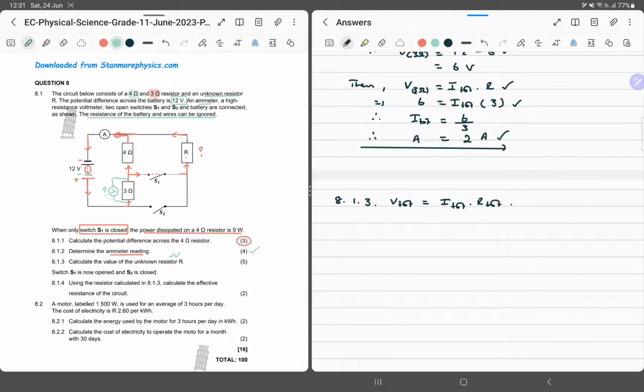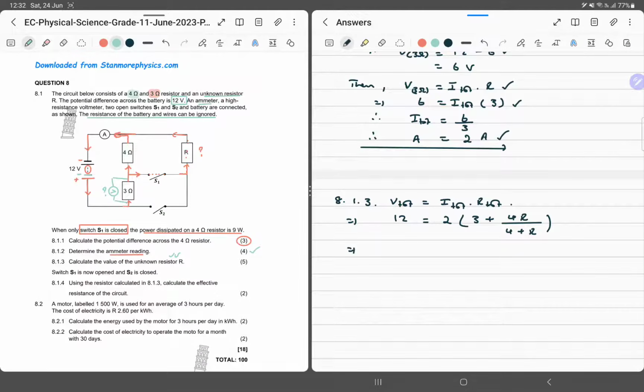This implies that 12 is equal to the total current we calculated, which is 2, times R total. Now R total is going to be the 3 ohms plus, and this one is a product over a sum, so 4R over 4 ohms plus that one.